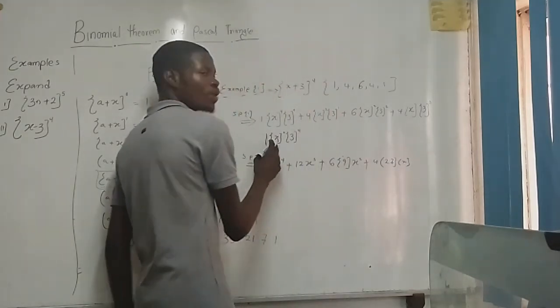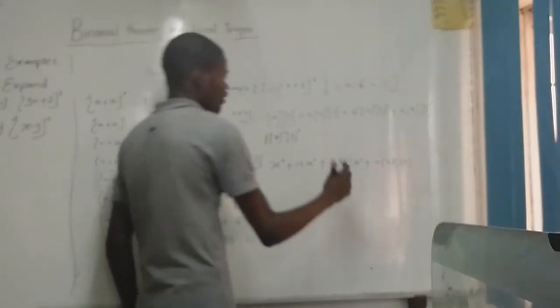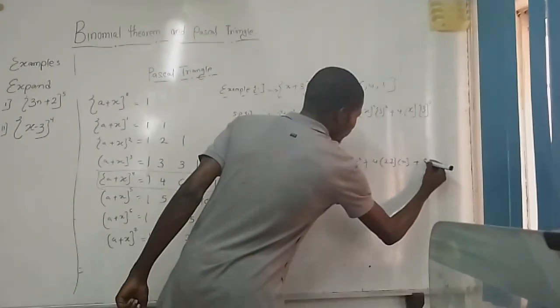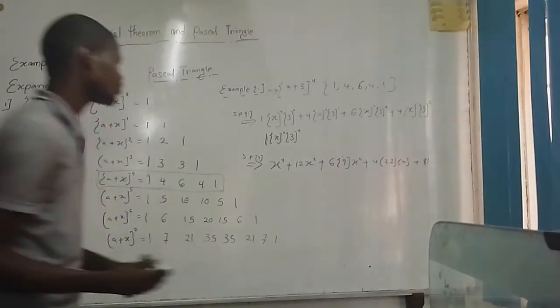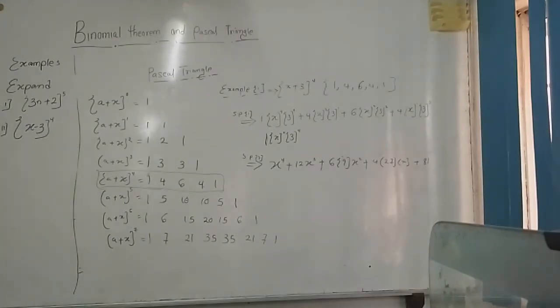So x raised to power 0 will give us 1. So plus 81. Do we understand? Plus 81.